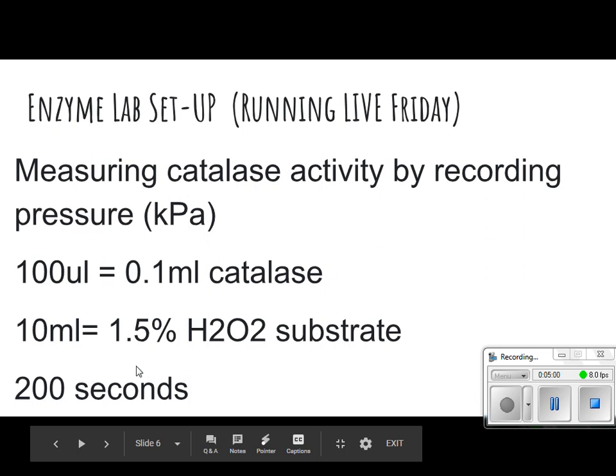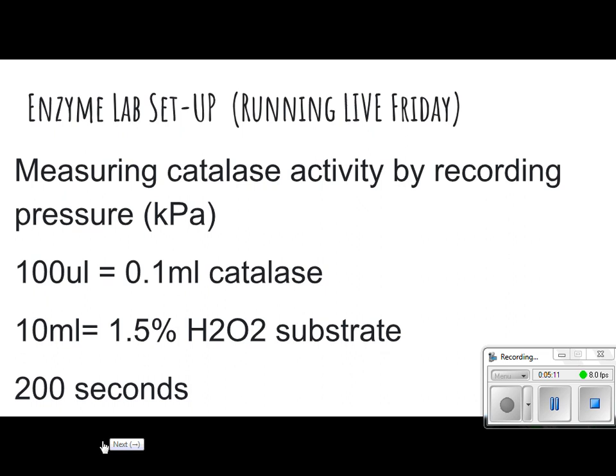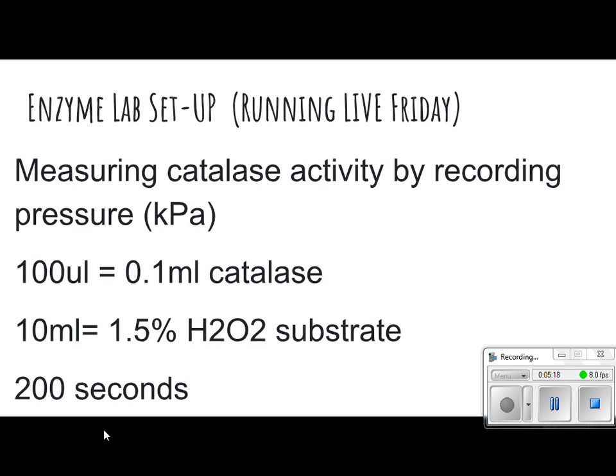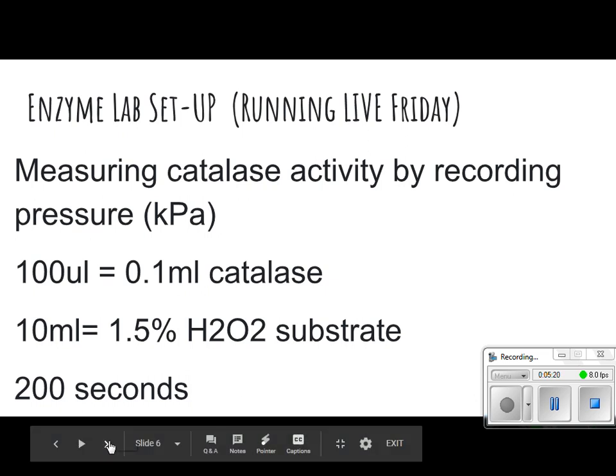Our typical runtime is going to be probably not more than 200 seconds in terms of time frame. We will want multiple trials, so 200 seconds would give us a pretty good visual and graph of the enzyme activity in different conditions.